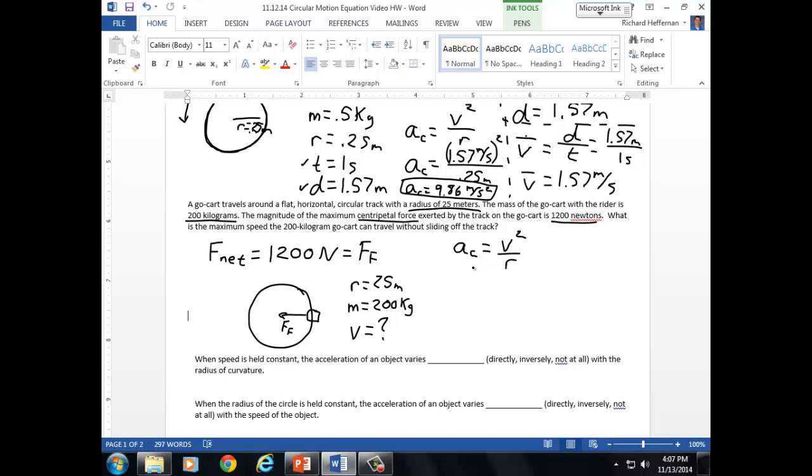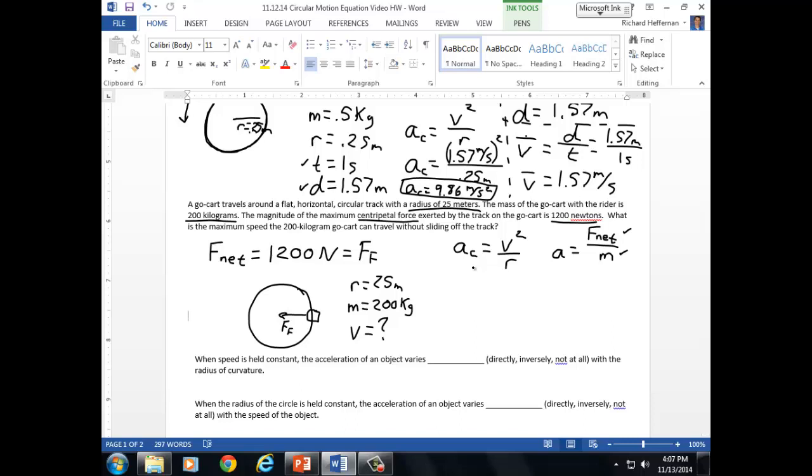But we know the net force is equal to the force of friction, and we also know that a equals F net over m. We know the mass of the go-kart. We know the net force that can be exerted on the go-kart due to the force of friction between the cart's tires and the road.